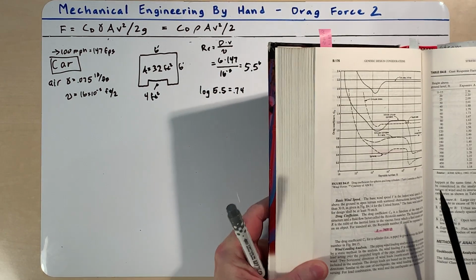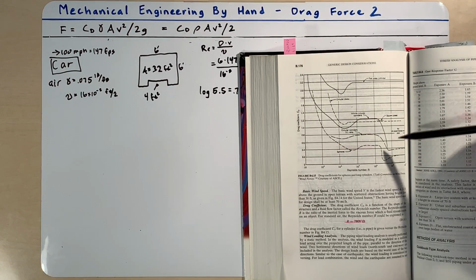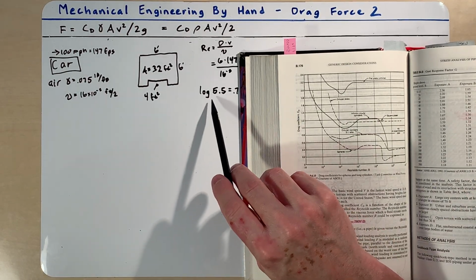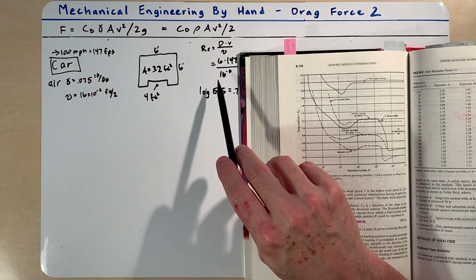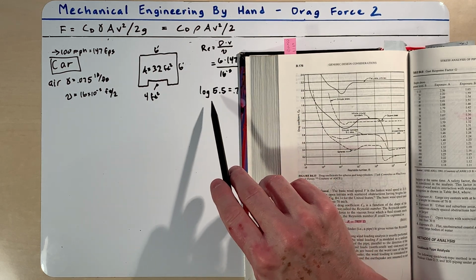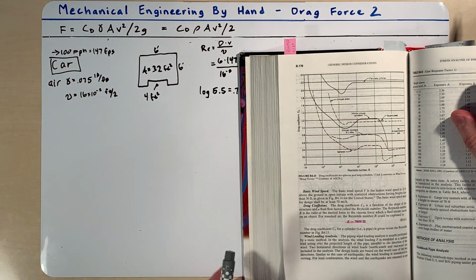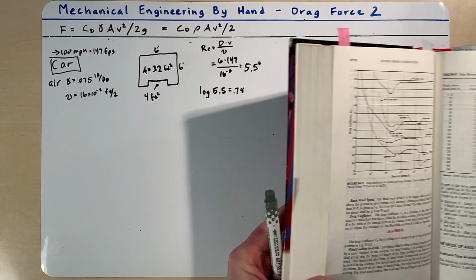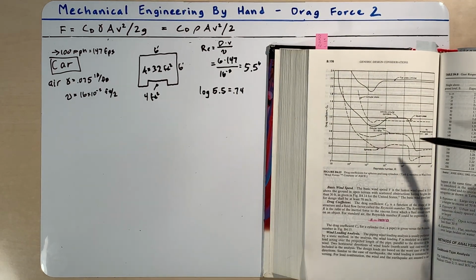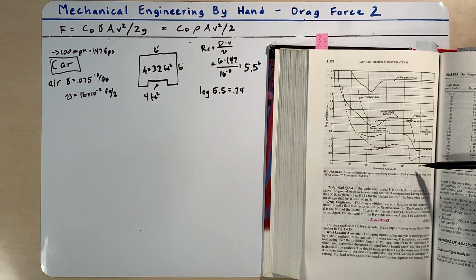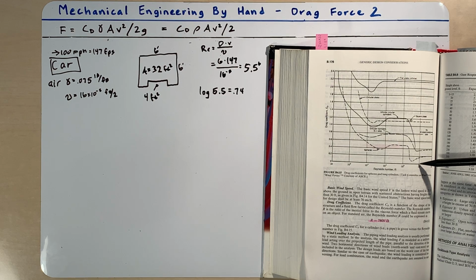Oh, I forgot to mention our Reynolds number is 5.5 million, and we took the log of 5.5, and it's 0.74. So we're going to go 74% of the way over from 1 million to 10 million.